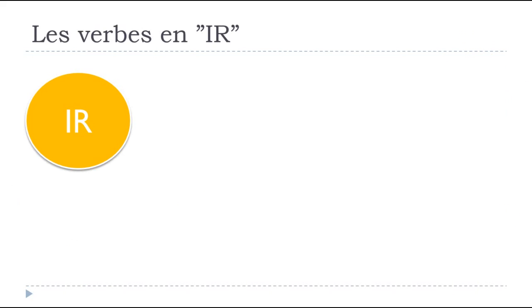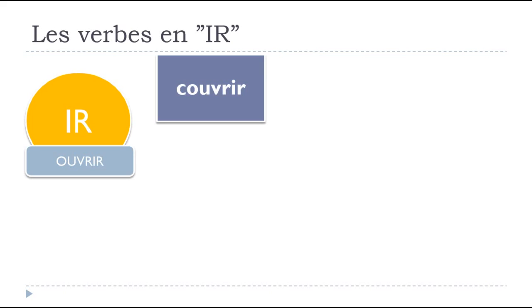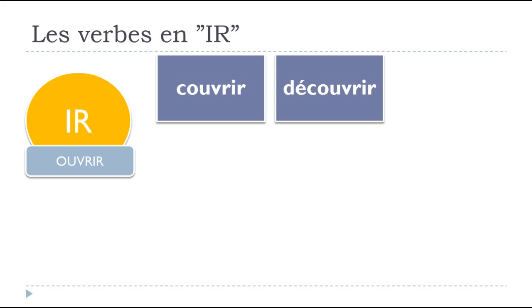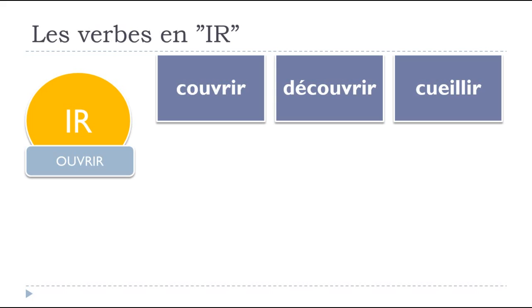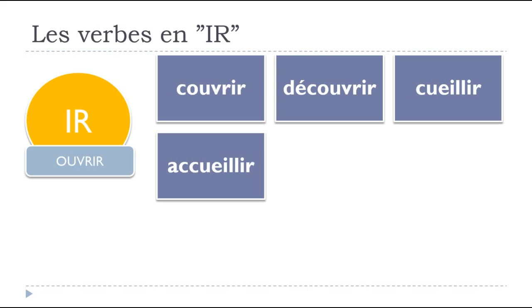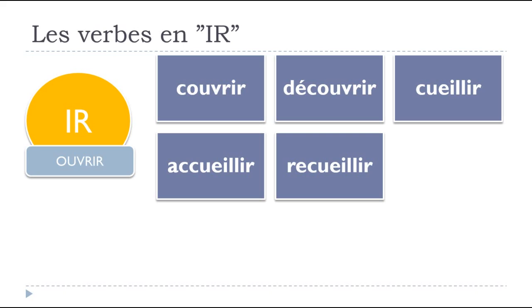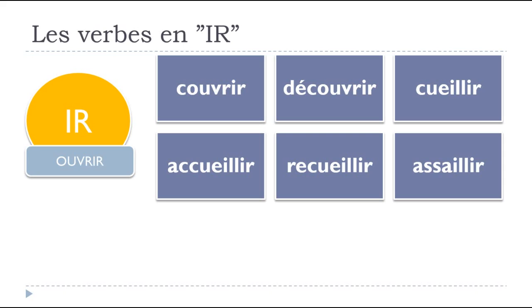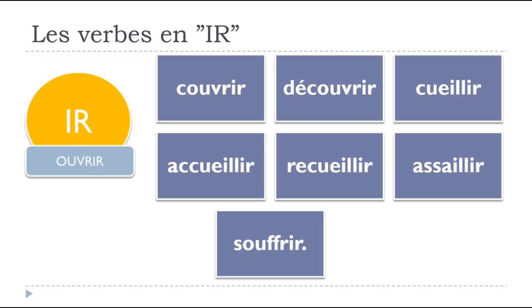So we'll see now a few verbs that will actually be conjugated the same way ouvrir is: couvrir, découvrir, cueillir, accueillir, recueillir, assaillir, souffrir, and a few others. But these are the main ones.